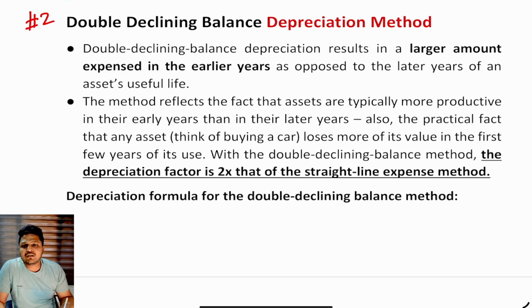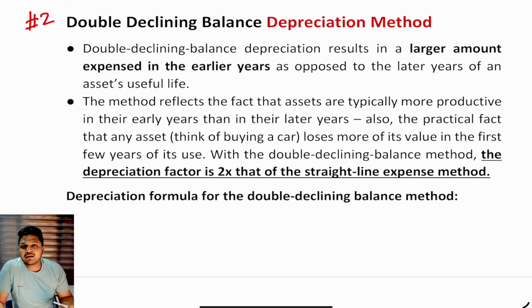Now, how does the double declining depreciation method work? In this particular case also, in the initial or earlier years, the depreciation will be very much higher, right? Because these are the most productive years, and we have to make the maximum usage of the same. Let's say you buy a car.